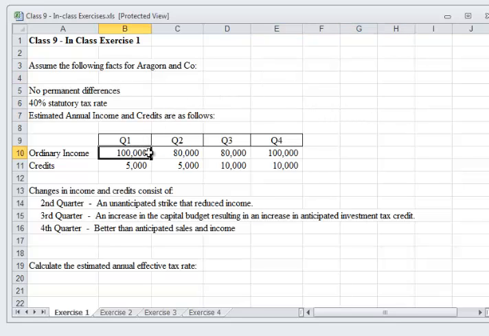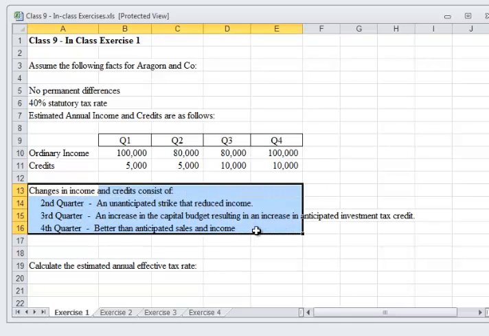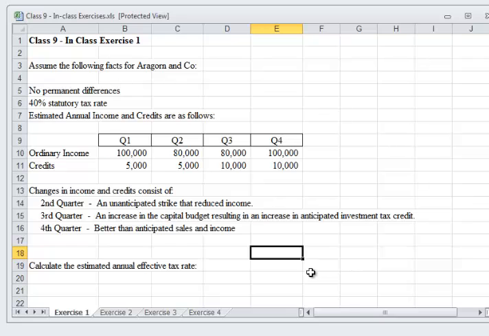In Q1, we think we're going to have 100 income for the year. Our tax rate's 40%, but we have 5,000 of credits. This is all annual information. In Q2, our forecast goes down a little bit. In Q3, our credits go up a little bit. In Q4, the income changes. Some stuff happens to explain why our rate's moving around.